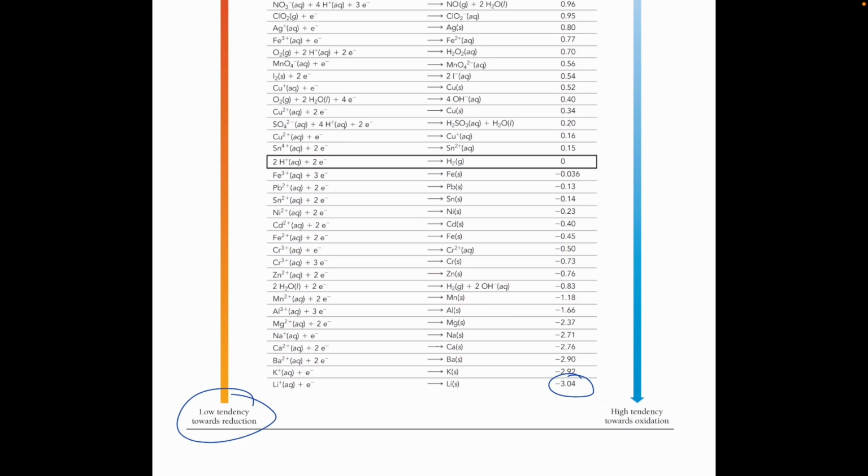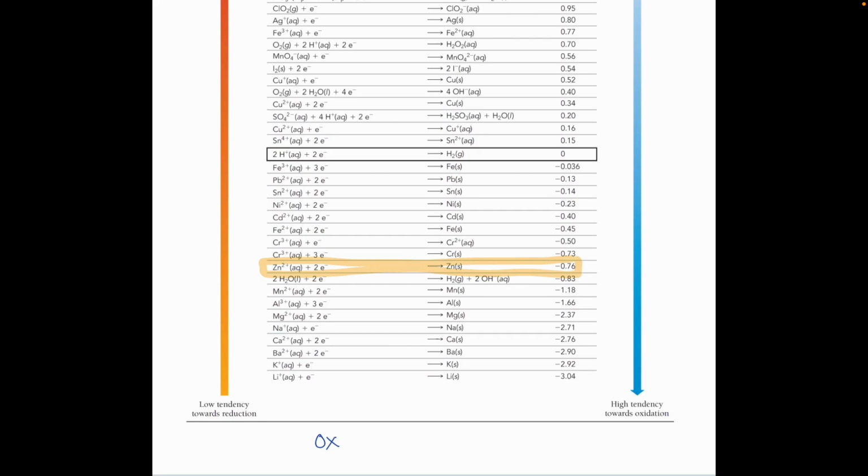Okay? But what we saw with our reaction in our last battery, we had this zinc-ion reaction here, but this was our oxidation reaction. So how do I get my oxidation reactions? I just do the reverse of the reduction reactions that are written.